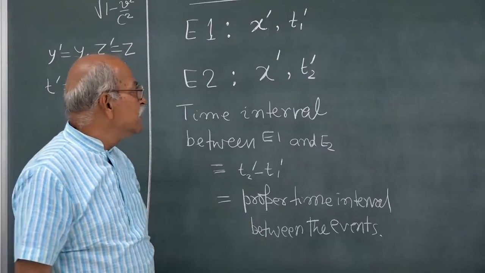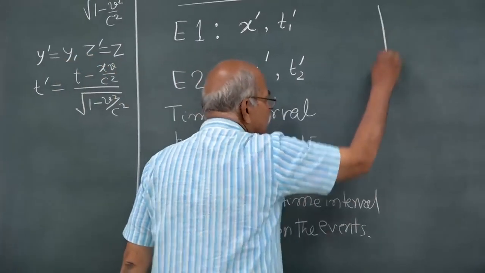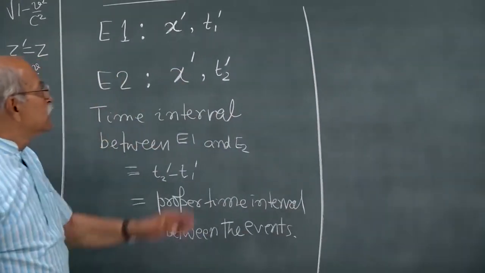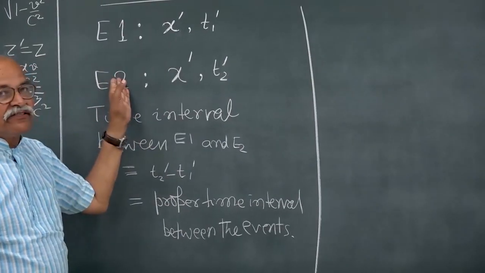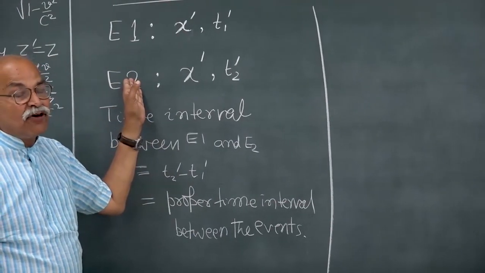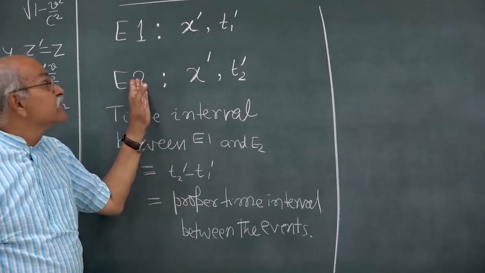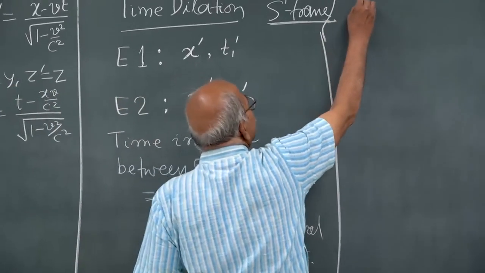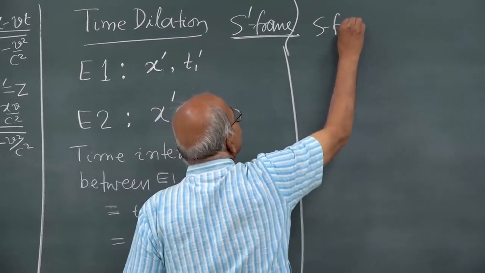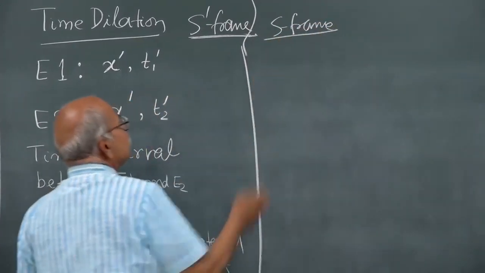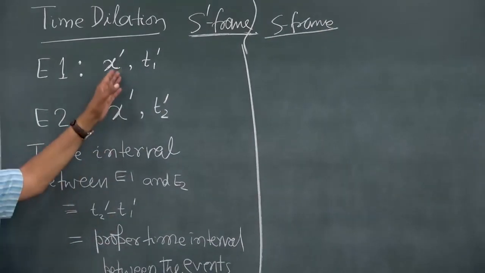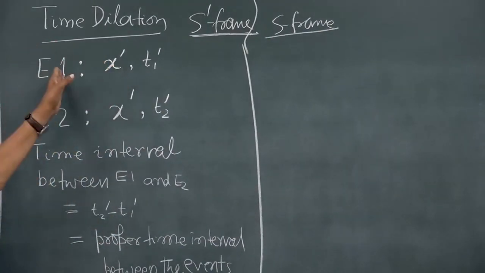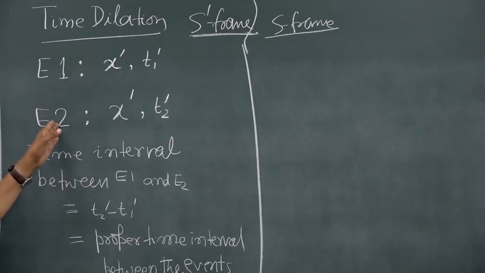Now, let us calculate the time interval between the same two events as seen from the frame S. So, now we are writing from the S frame the time of E1 and the time of E2, and looking at the interval.